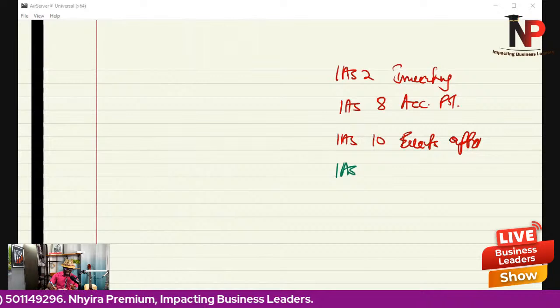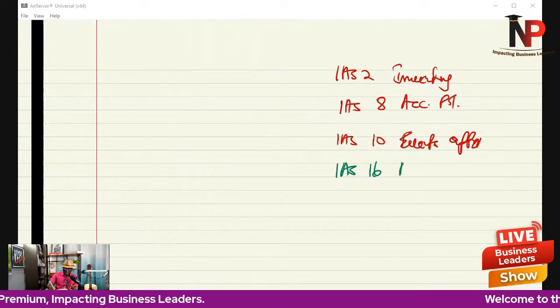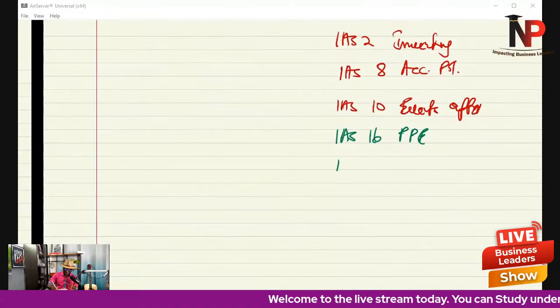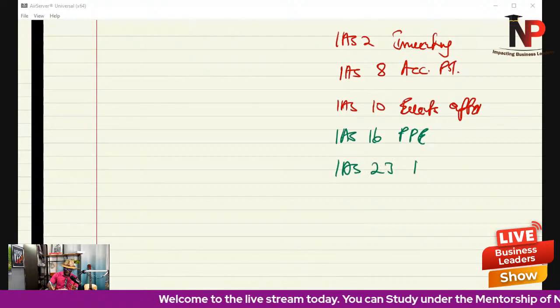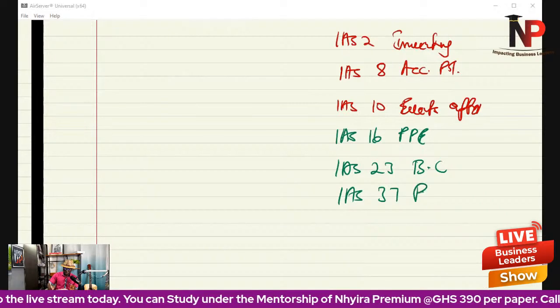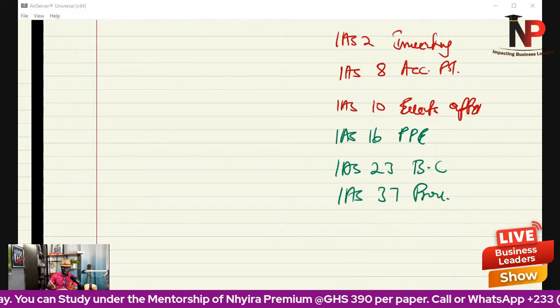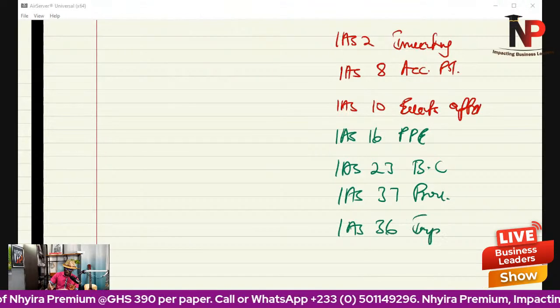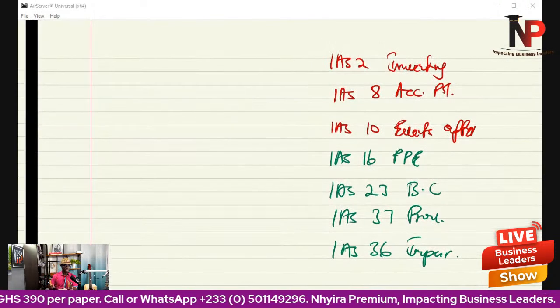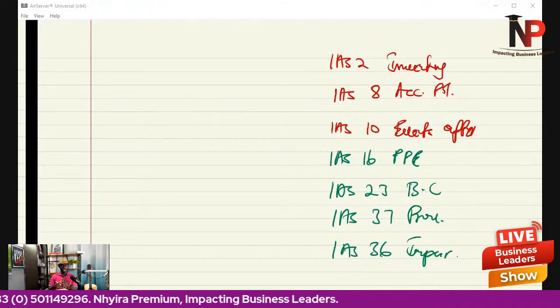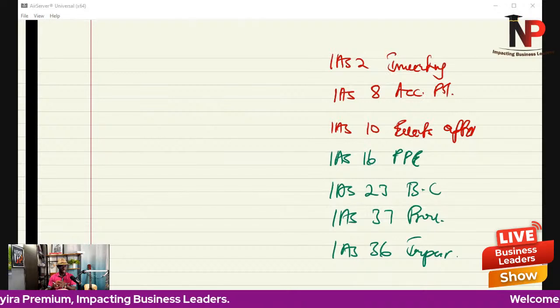We've looked at IAS 16, property, plant, and equipment, issues relating to IAS 23, borrowing costs, IAS 37, provisions, contingent liabilities and contingent assets, and IAS 36, impairment of assets. So in the entire series, as we try to learn the standards together, we have looked at all of these.